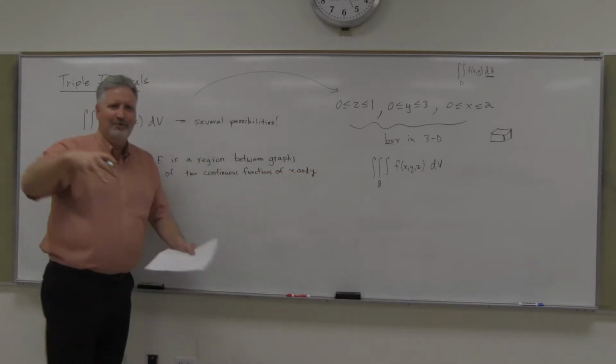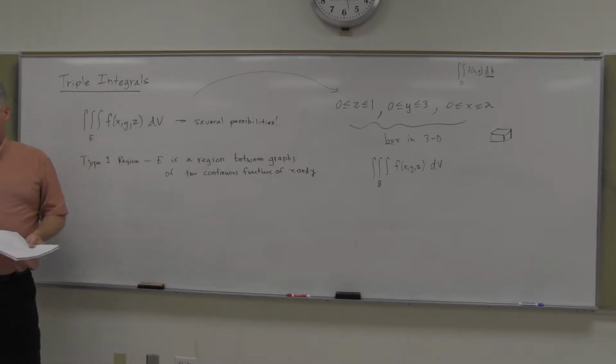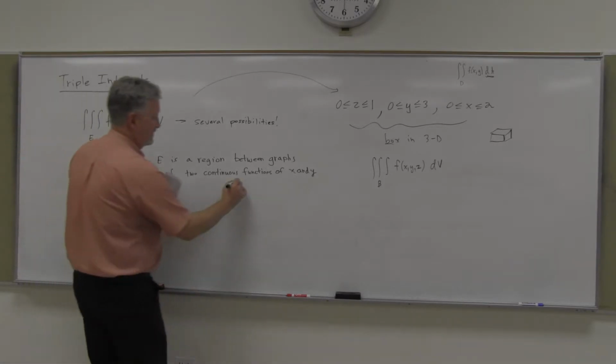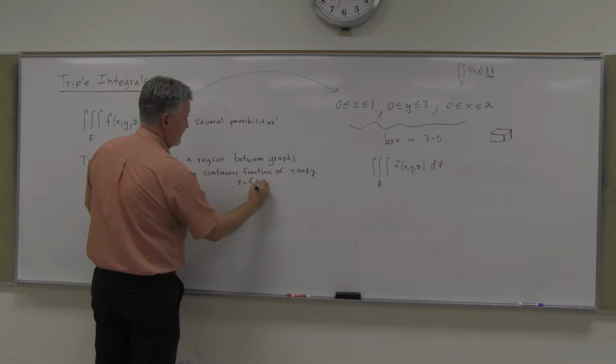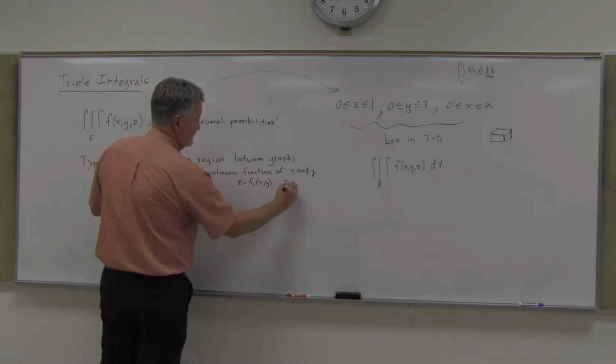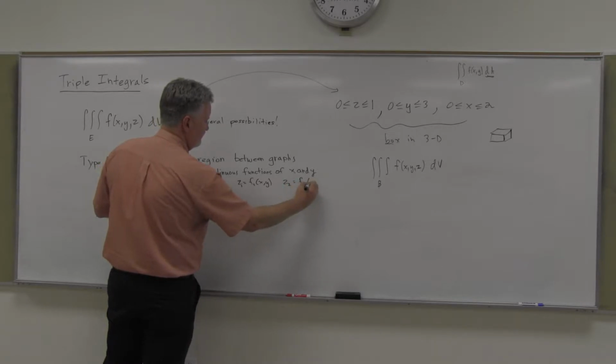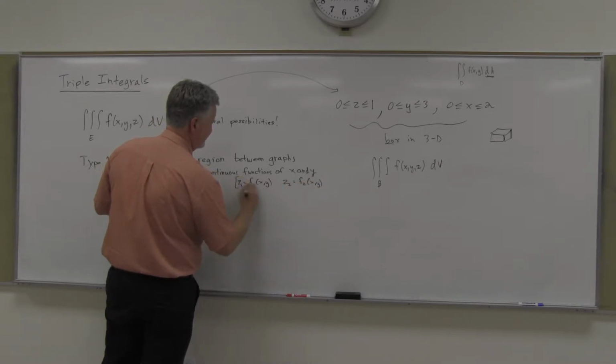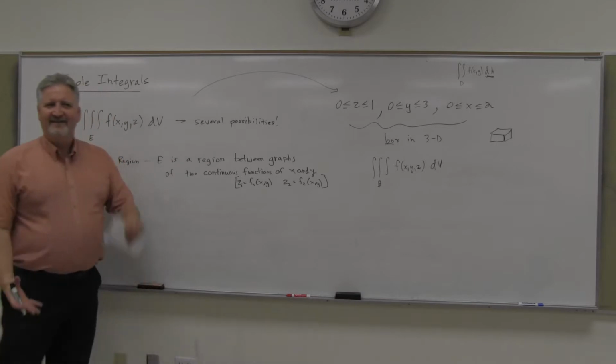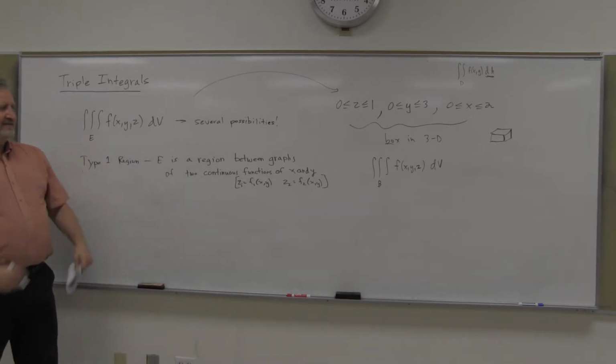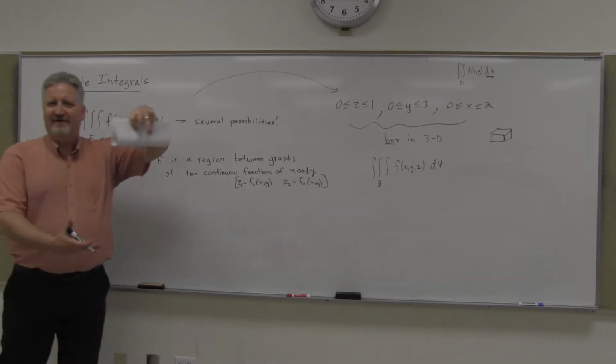In other words, 2 z equals graphs, okay? Z equals f1 of x, y, so that's z1, and z2 equals f2 of x comma y, in other words. See that? So E is going to be the region between those graphs.